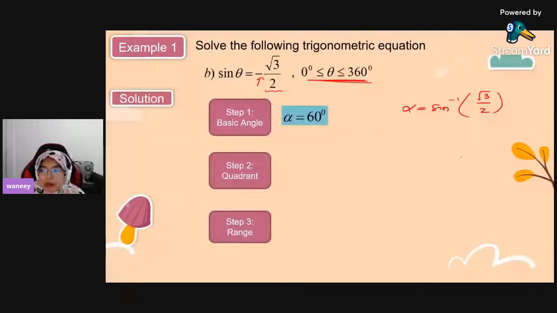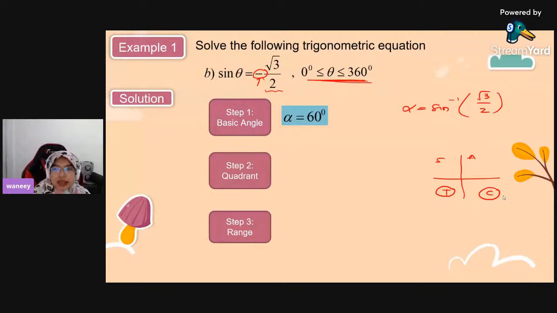And then of course, you need to draw your quadrant, ASTC. Okay, so sine of theta is equal to a negative answer. So in order to get a negative answer, they cannot be in the quadrant that will give us a positive answer. So it can either be in the third quadrant or in the fourth quadrant, because the first and the second quadrant will give us a positive value.